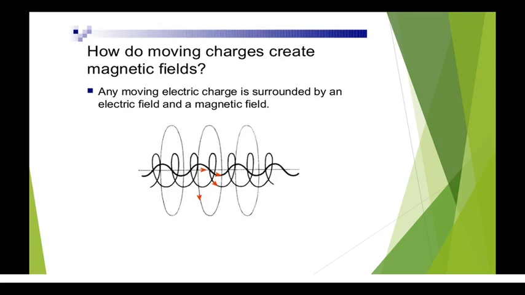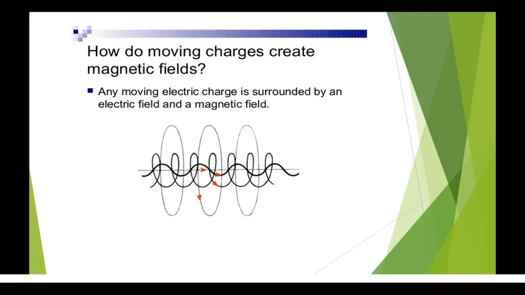In both cases, you can see that the fields depend only on r. That's for a stationary point charge q and also for the current carrying wire or conductor.